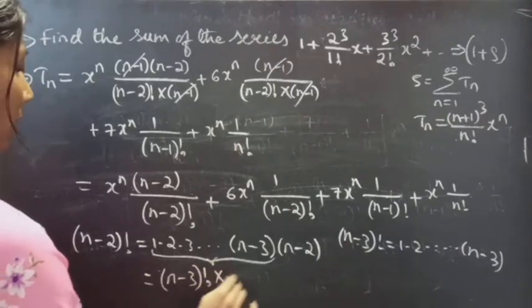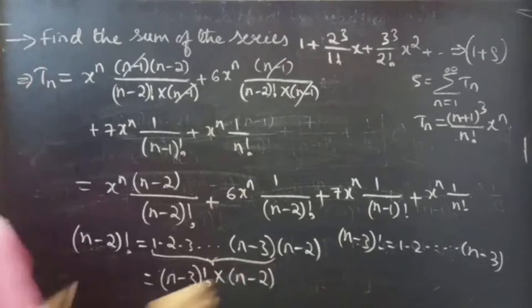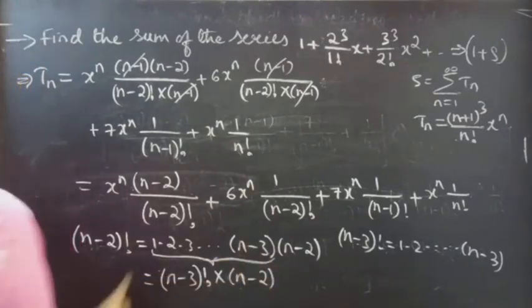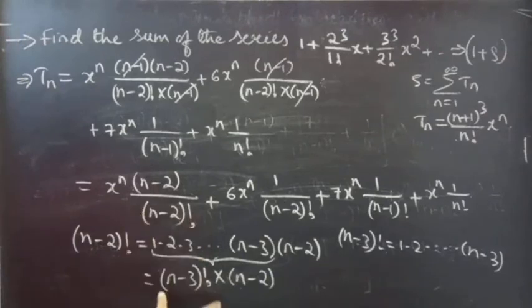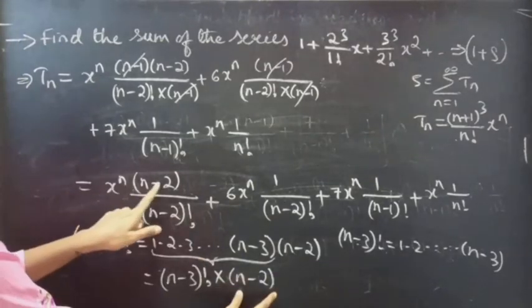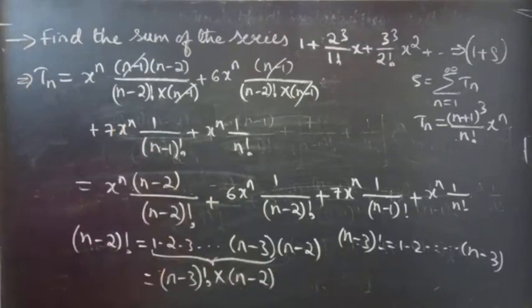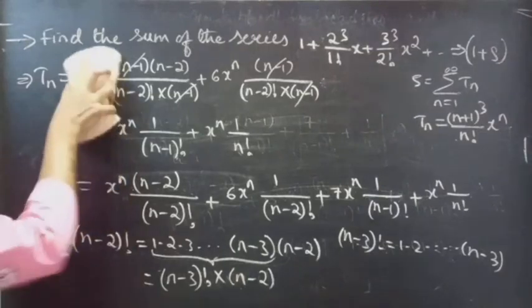Then we'll get (n-2)! equals (n-3)! into (n-2). So here we'll replace (n-2)! by (n-3)! into (n-2), so that you can cancel n-2 from the numerator and the denominator. Okay.